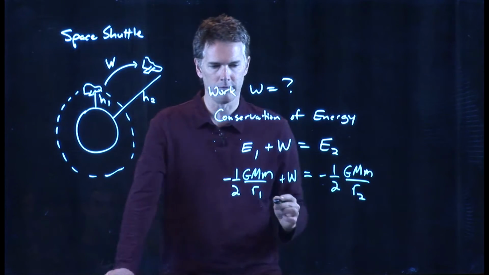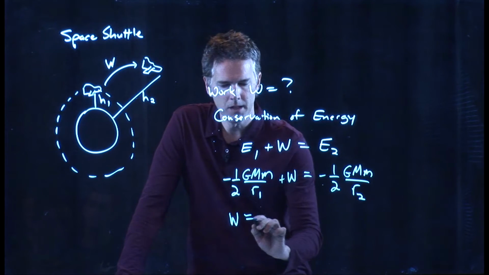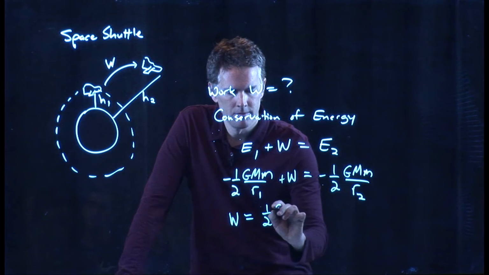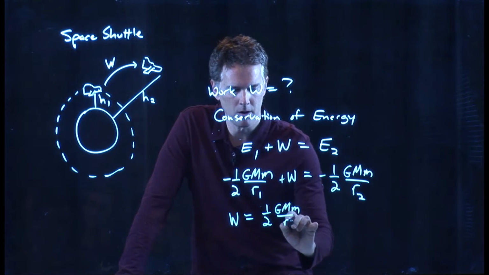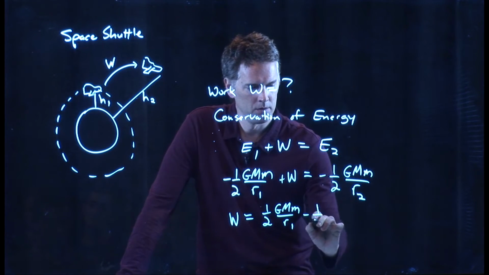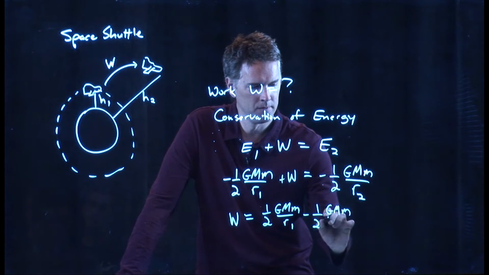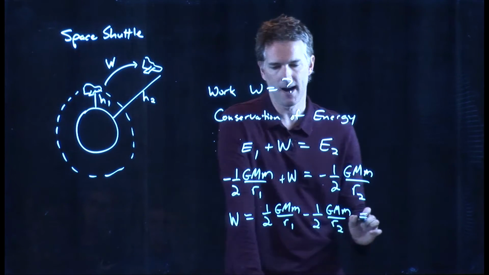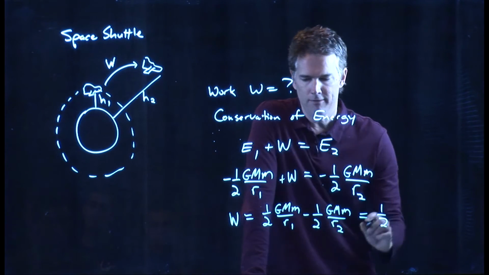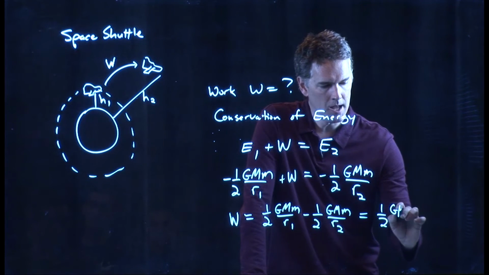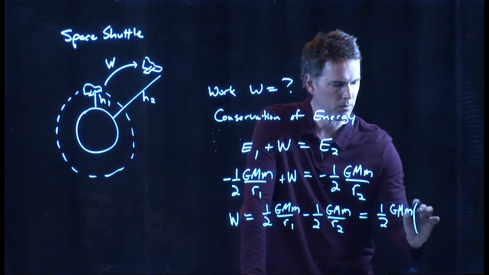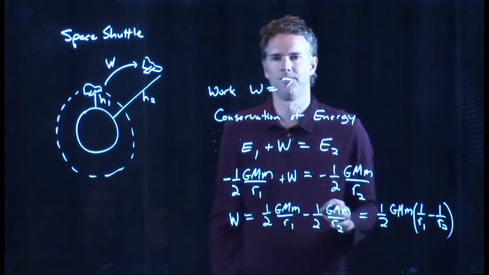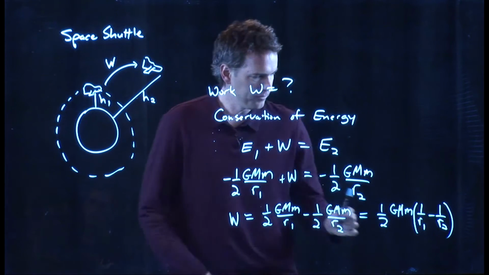And now I can solve this equation for W. W equals, I'm going to add this to the other side, so I get 1/2 GMm over R1 minus 1/2 GMm over R2. I have some common factors there, and so I can pull out a 1/2 in front, a GMm, and then I have 1 over R1 minus 1 over R2. This is a positive number.